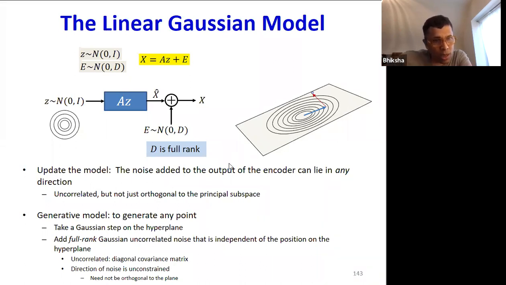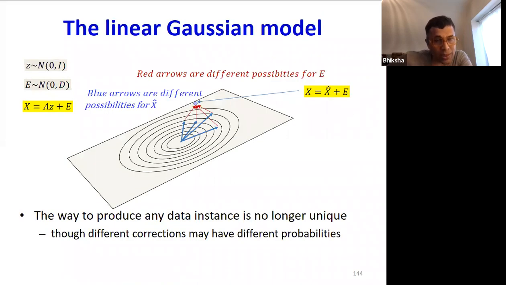And so this is the updated version of principal component analysis, what we call the linear Gaussian model, where Gaussian noise goes into this linear transform, and then you add full rank noise to it to get an output. The only thing we're going to assume is that this full rank noise has a diagonal covariance matrix. And so this is our linear Gaussian model.